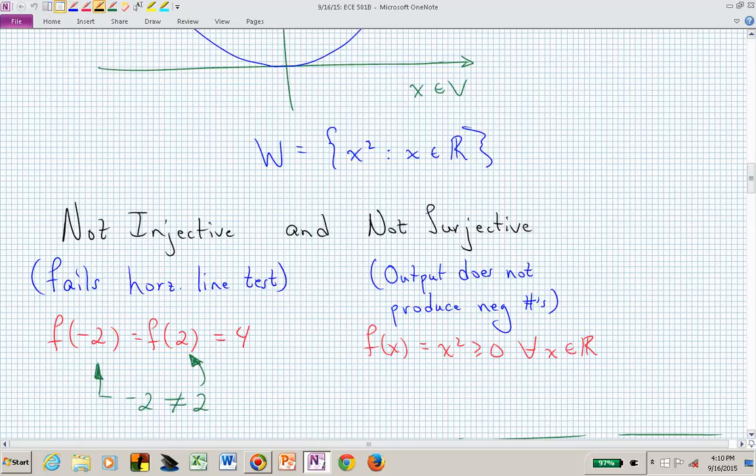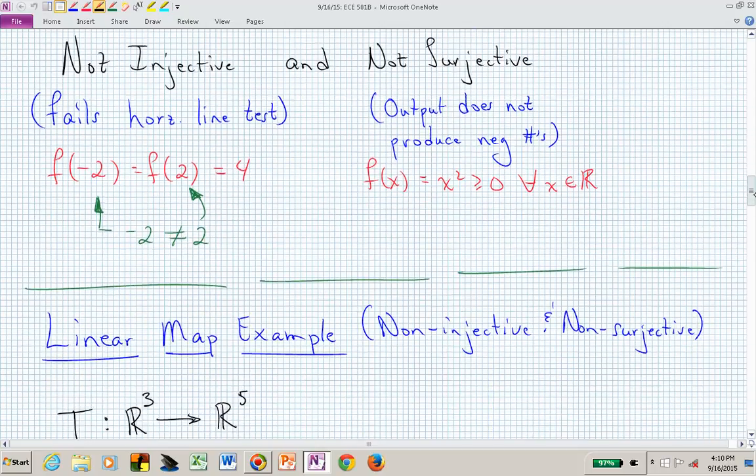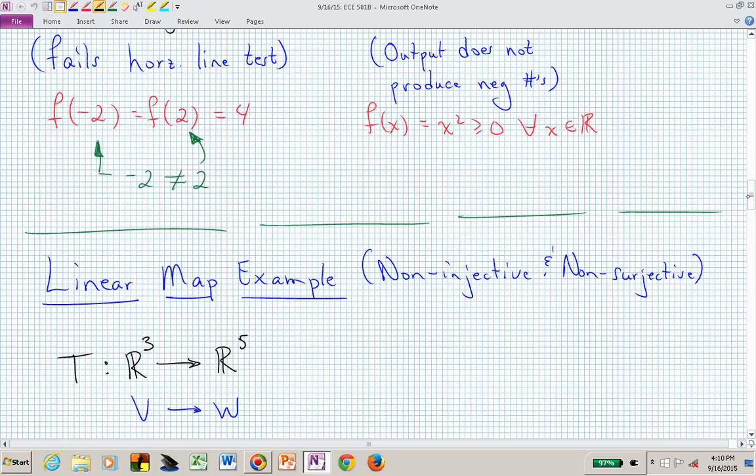No, it's not a linear map, but we're showing a map that's not injective and not surjective. This is a discussion with examples. How's that? Here's another question.